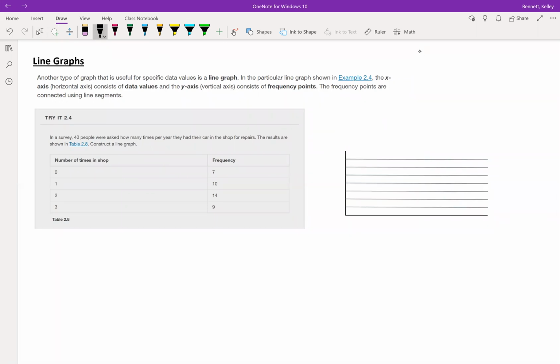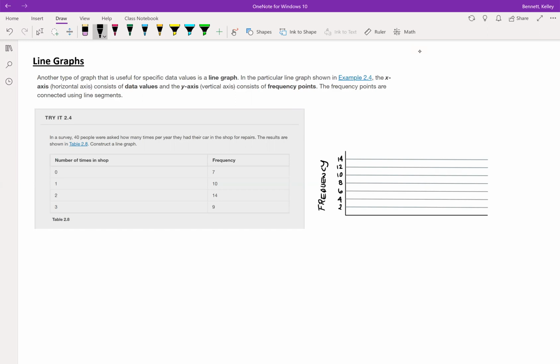So we're going to put our frequency here. I need to go up to 14, that's my highest frequency, so I'll do this in groups of 2: 2, 4, 6, 8, 10, 12, 14. There we go.